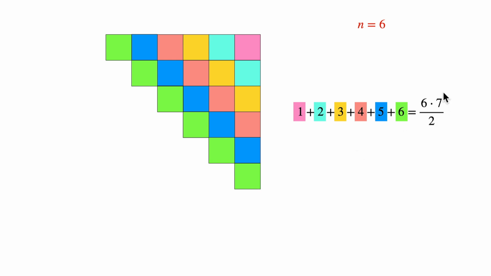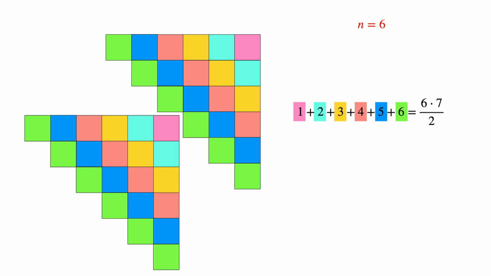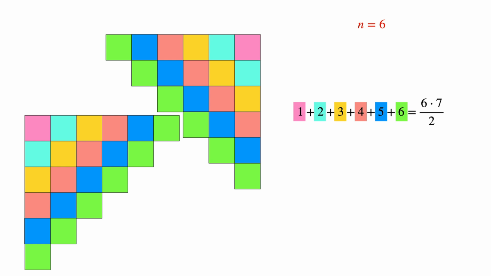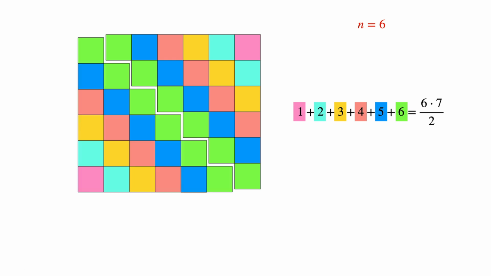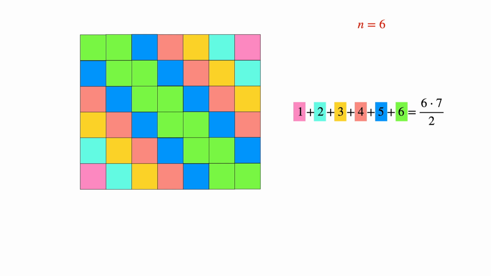But how does it relate to this number here, which I was supposed to get, 6 times 7 divided by 2? Let's copy this object, rotate it, and rotate it a little bit more. And now let's shift it towards the original object. So I put it closer, and now I put these two together. And what did I get?